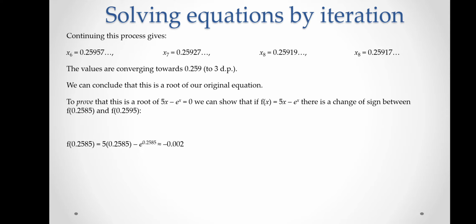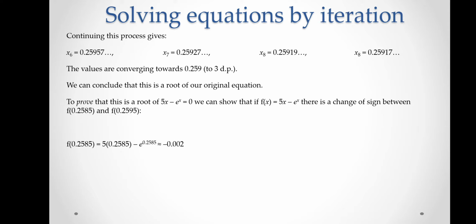Right. Then you can check whether your answer is correct or wrong. How? By using a change of sign. Now your answer is 0.259, so take the lower bound and the upper bound. The lower bound is 0.2585.